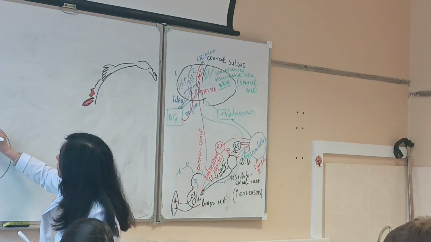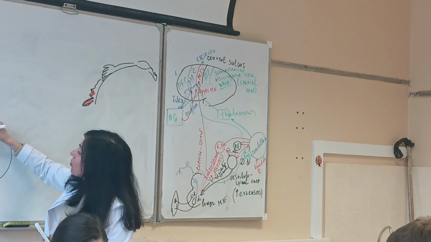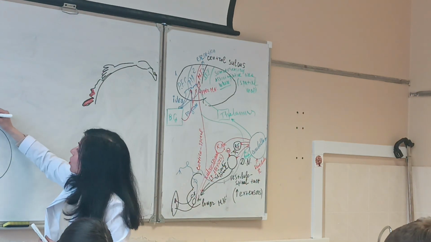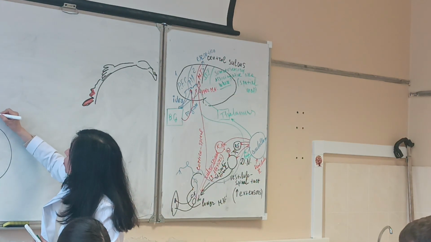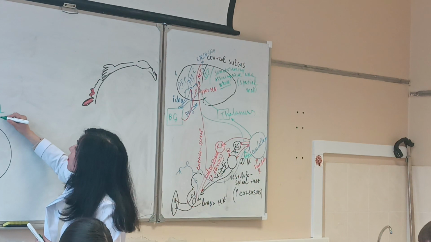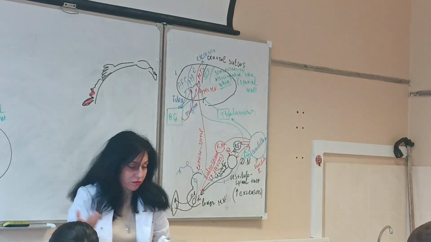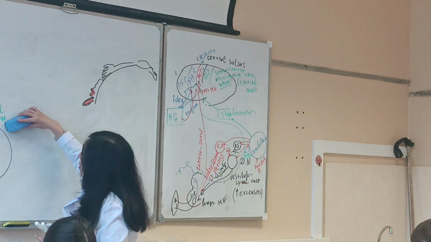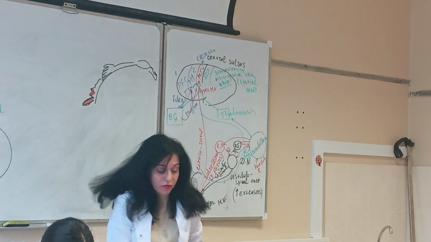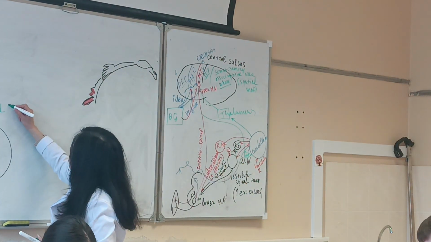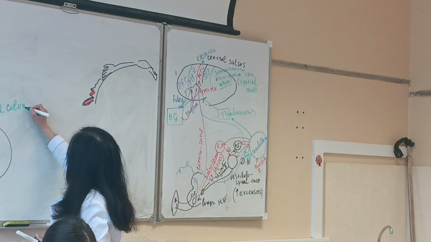We studied only a little bit in anatomy, previous semester. Anyway, for us dorsal column, or lemniscus, is enough. Lemniscus is a shorter word.